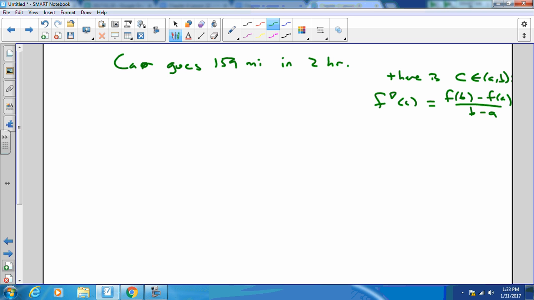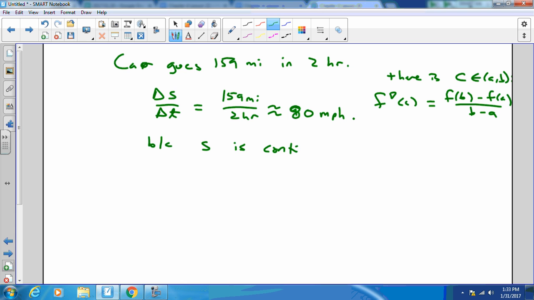In particular here, we have a car that goes 159 miles in 2 hours. I can immediately calculate its change in distance over change in time as almost 80 miles per hour. Because the distance it travels is continuous, since the car cannot teleport, and differentiable, since the car has a definite speed at every time, the mean value theorem applies.